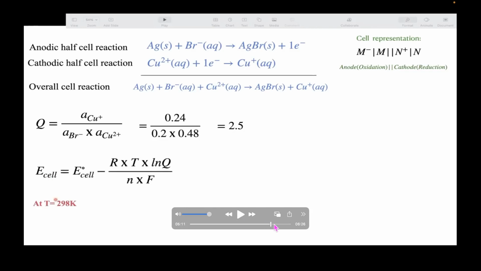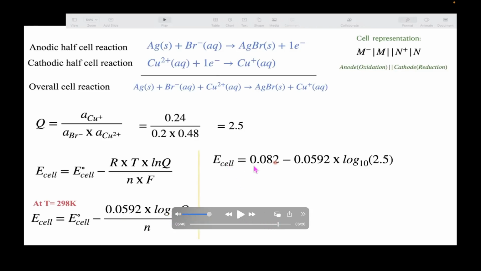So at 298 Kelvin, this is my E cell. The natural logarithm is converted into log with base 10, and with the constant values, if I solve them, I get the equation as minus 0.059 log base 10 Q upon n.